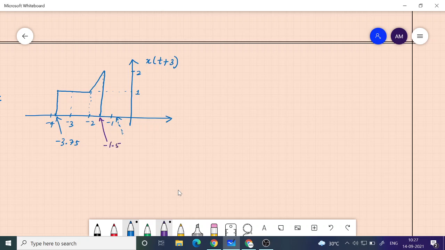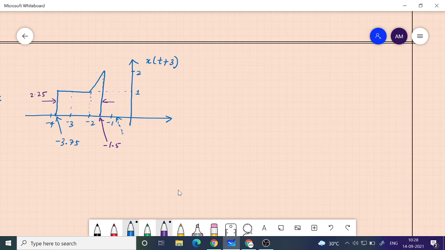Looking at this duration, this is minus 1.5 here, and here minus 3.75. So the total is how much? This is 1.75 plus half. 1.75 plus half is 2.25, right?